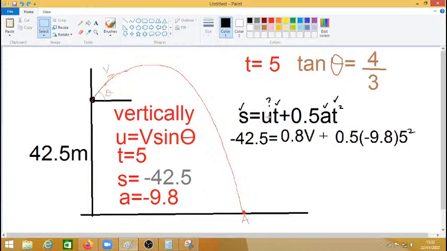So here I had the u, which is v sine theta. We worked out sine theta is 0.8, so 0.8 v, but I've forgotten the t. So the t is 5, so that needs to go in as well. So that has to be squeezed in. Instead of 0.8, that should have been 0.8 times 5. That works out to be 4. So that should have been 4.